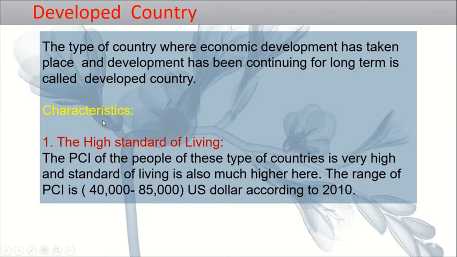In a developed country, the PCI of the people of this type of countries is very high, and standard of living is also much higher here. Okay, the range of PCI is 40,000 to 85,000 US dollar, and this information according to 2010.